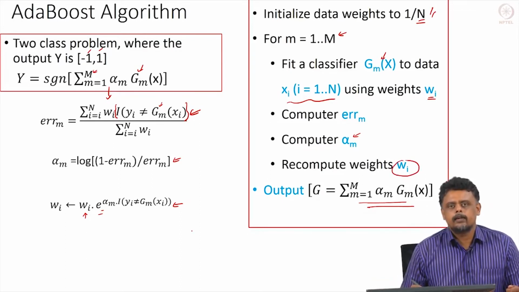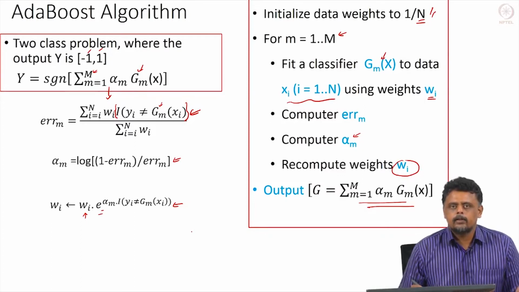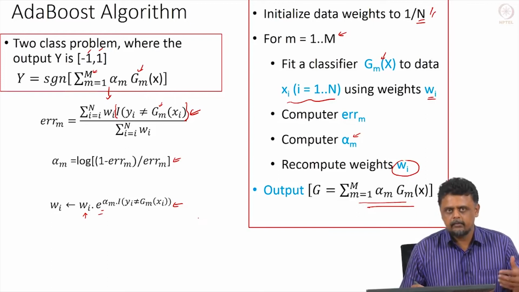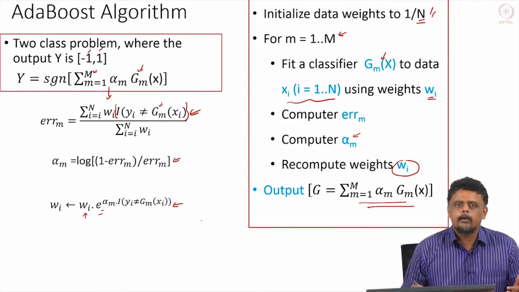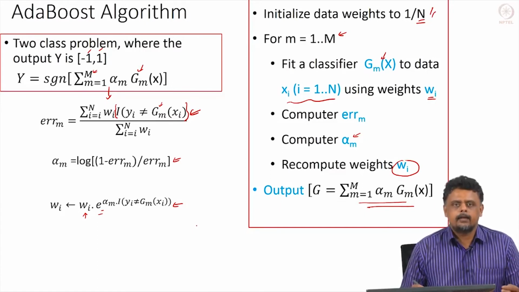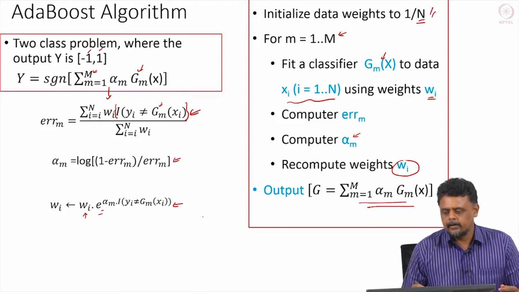Then you take all the data points, including the ones that have been misclassified but now with higher weighting, and you fit that data again using another classification tree or some other classifier, and you repeat that as many times as the number of classifiers that you want to use.